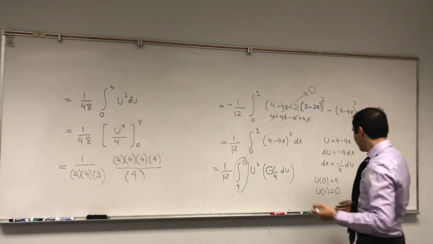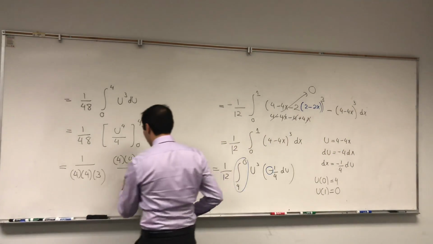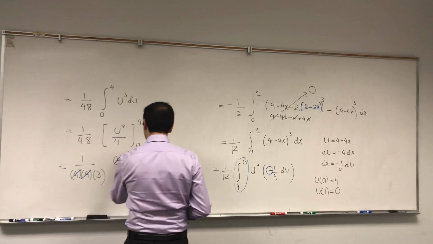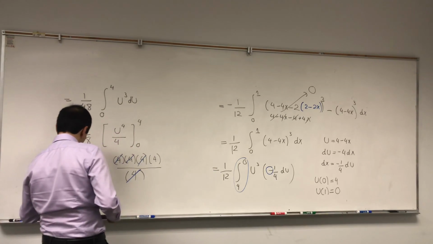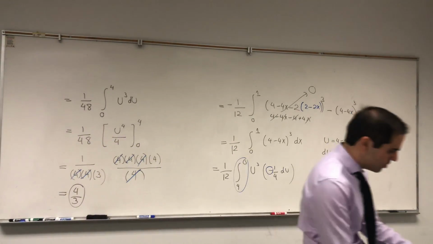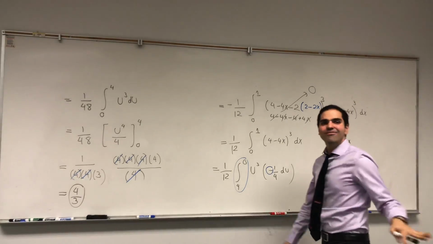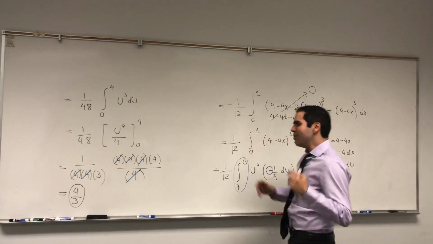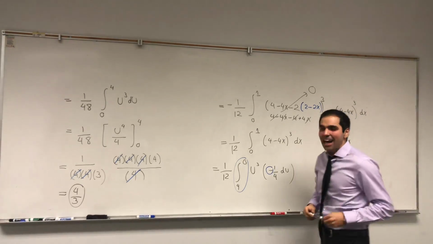And the nice thing is, and this is why I wrote it this way, the three 4s cancel out, and we get 4/3, which I really hope is the answer. I didn't even prepare this with the answer, so hopefully it's 4/3. If not, you can correct me in the comments.